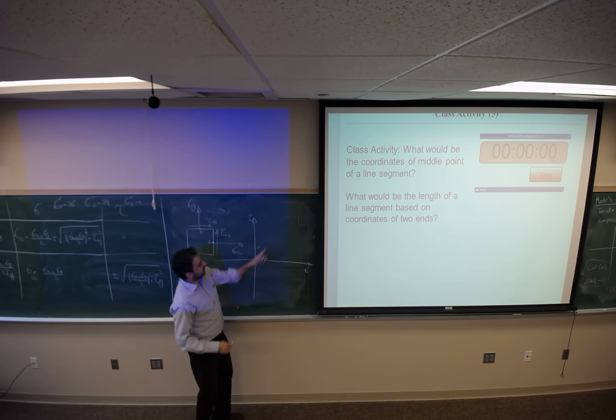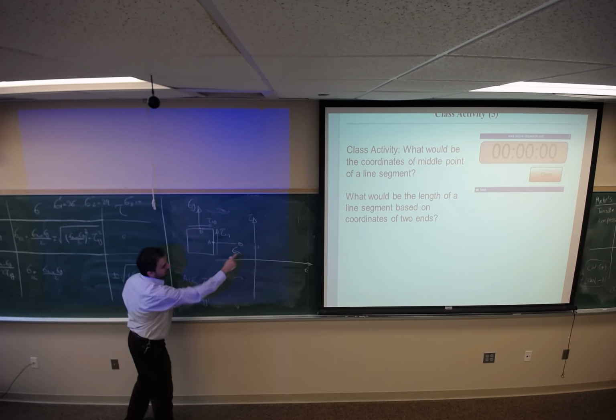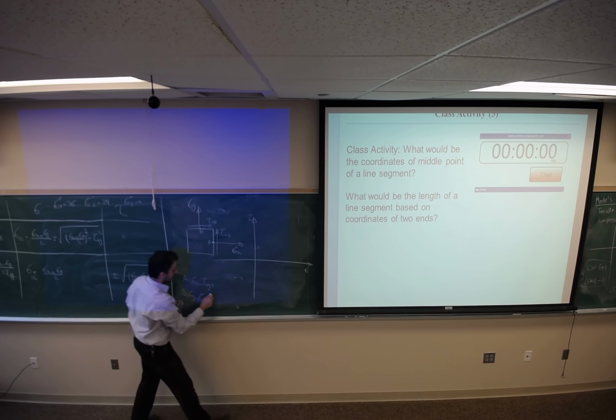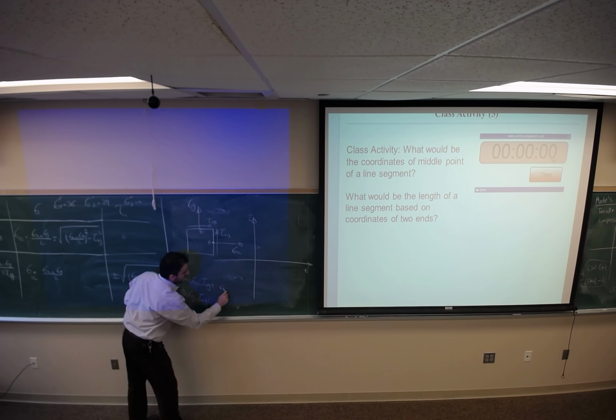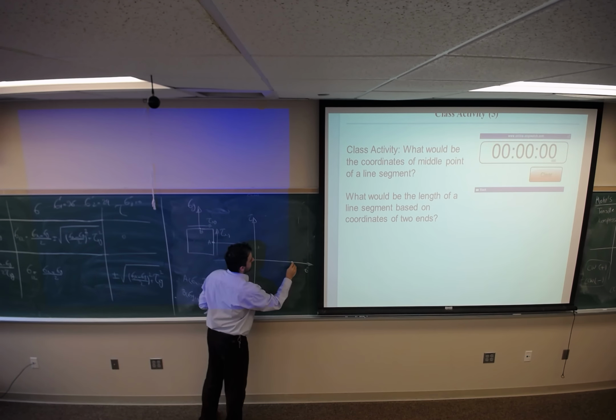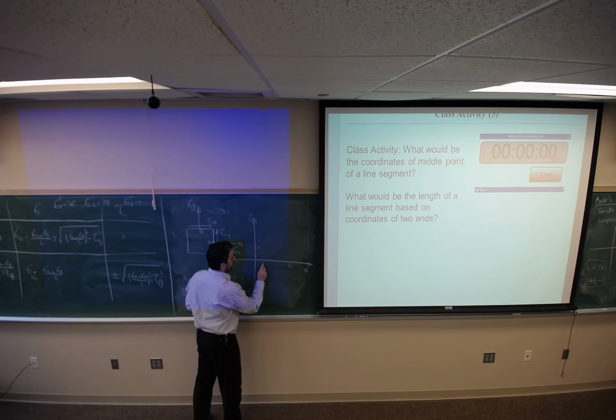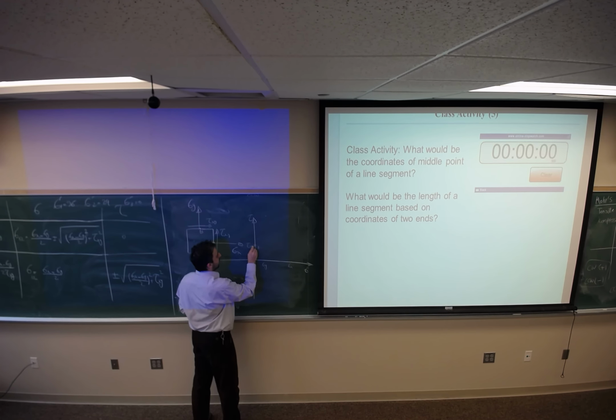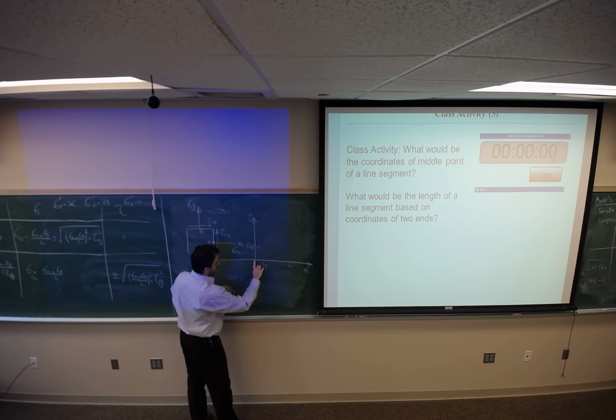Now, just locate point A and B on these two axes. So I assume that sigma x is greater than sigma y. If this is sigma x and this is sigma y, and if tau xy is here, negative tau xy is right here.